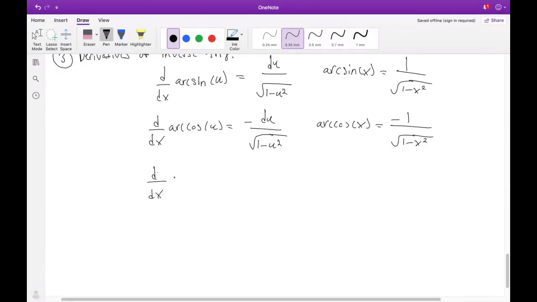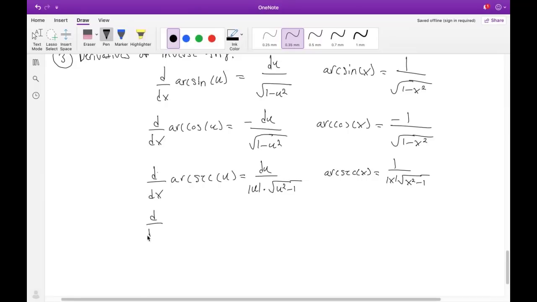And then if I have arc secant of u, this one is going to be du over the absolute value of u times the square root of u squared minus 1, and then just arc secant of x is 1 over absolute value of x times the square root of x squared minus 1.